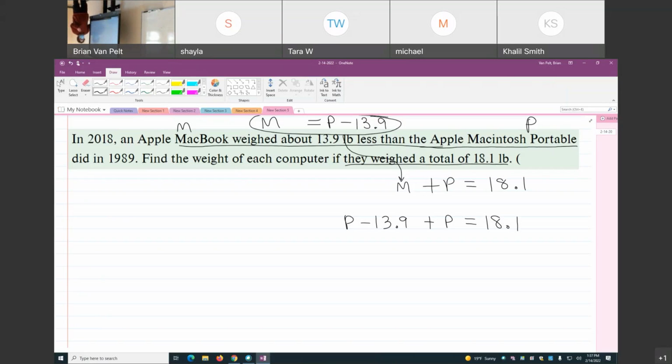Now, the first thing we're going to do before anything else is simplify. What is that left side going to simplify to be? All you got to do is add the P's together, right? Then they'll be like pounds. We're almost there. What would you do next?